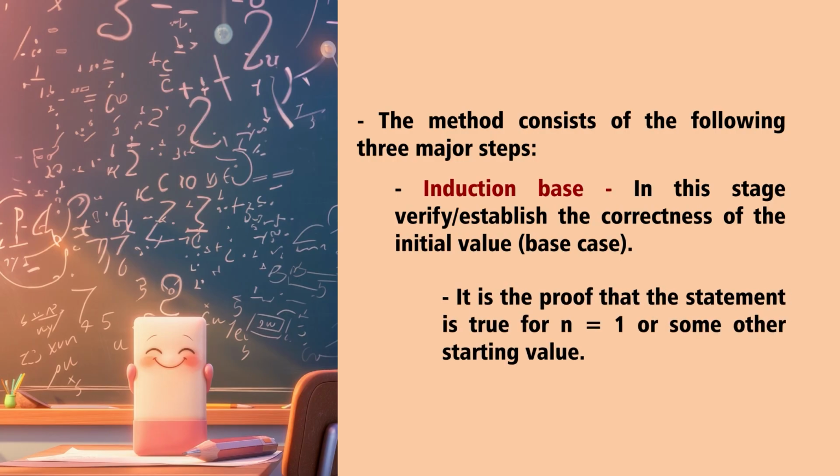It is the proof that the statement is true for n equals 1 or some other starting value. Sometimes it can be 0, sometimes it can be 2, whatever may be the case. Okay. So the first step is basically the induction base.